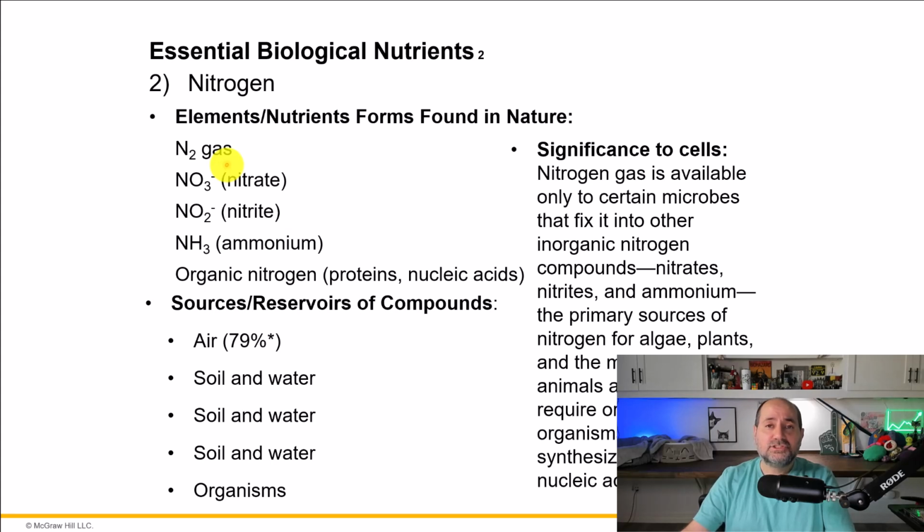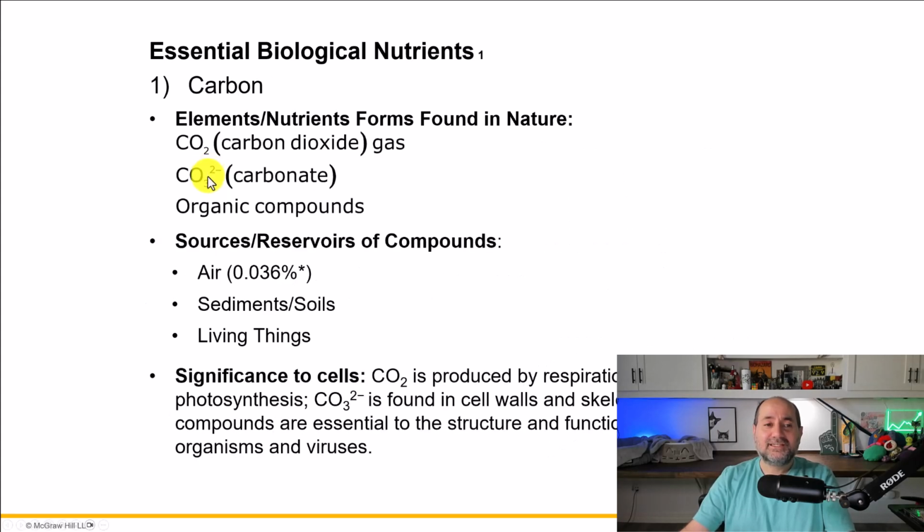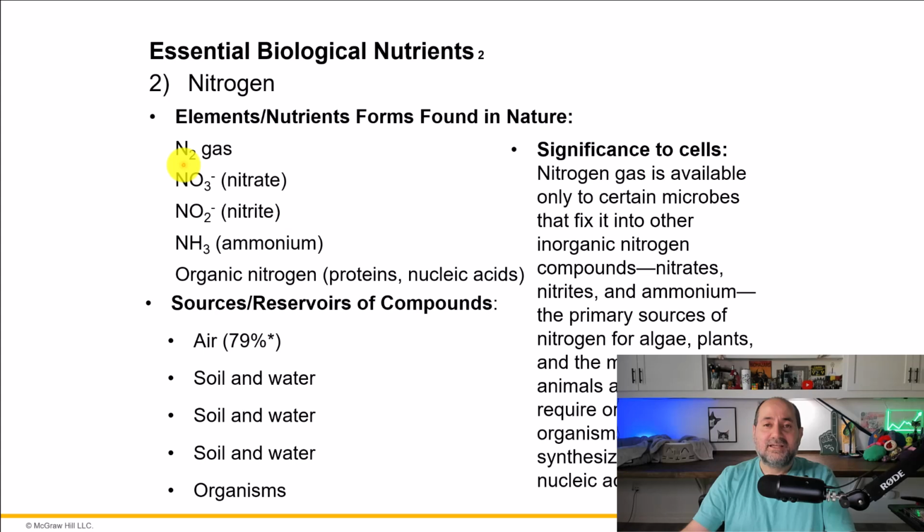It's called nitrogen fixation. Just like plants can take CO2 out of the air and capture that carbon, some organisms can take nitrogen out of the air and capture that nitrogen too. So, obviously, if you're an animal, you're eating your nitrogen, right?